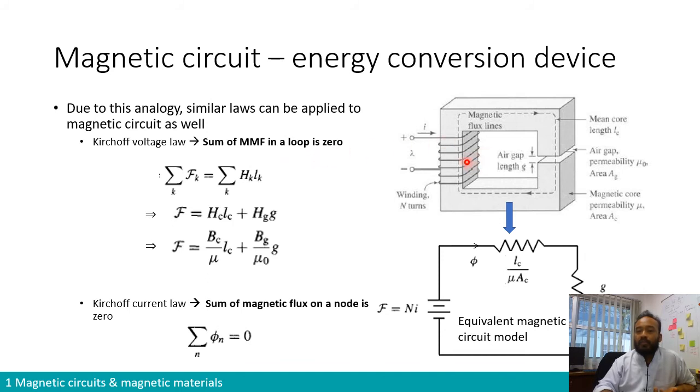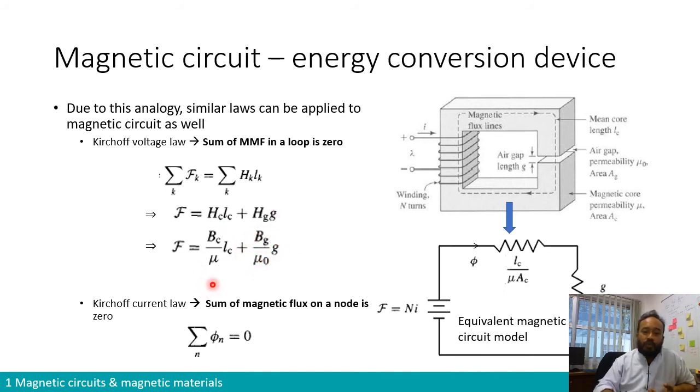So if you take the MMF for the core and the MMF used by the air gap, the sum of them will be equal to the MMF provided by the current supply. This is basically the equation that I explained. So MMF supplied is equal to MMF consumed by the core plus MMF consumed by the air gap.